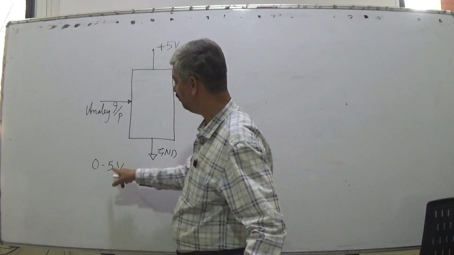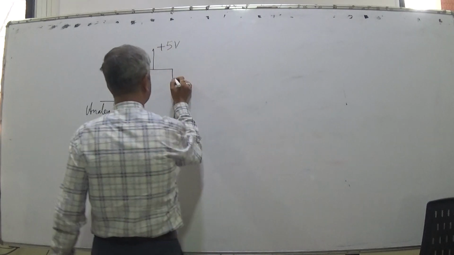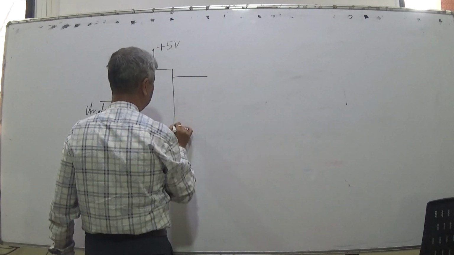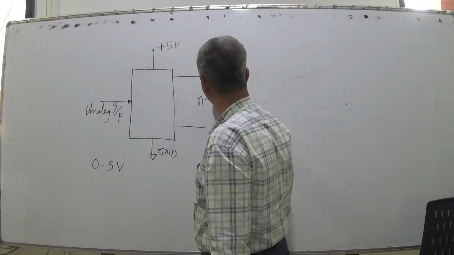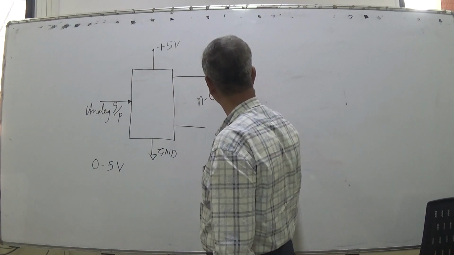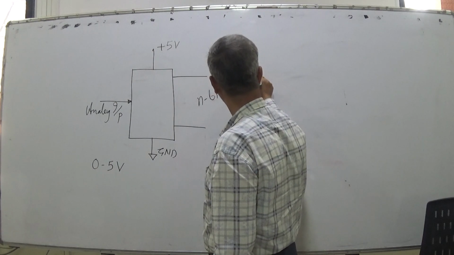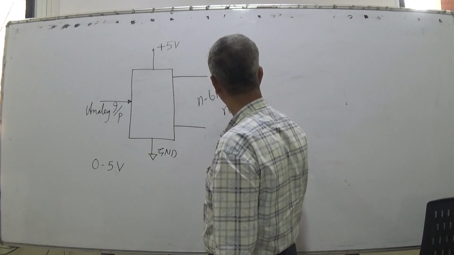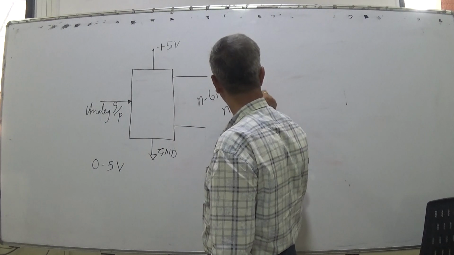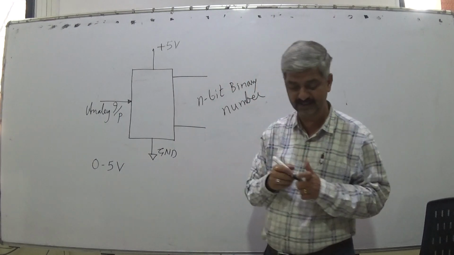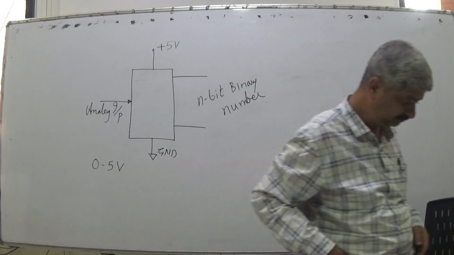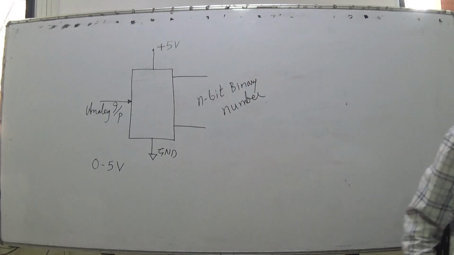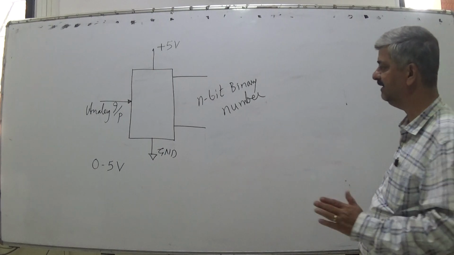Then this analog voltage is converted into an n-bit binary number.